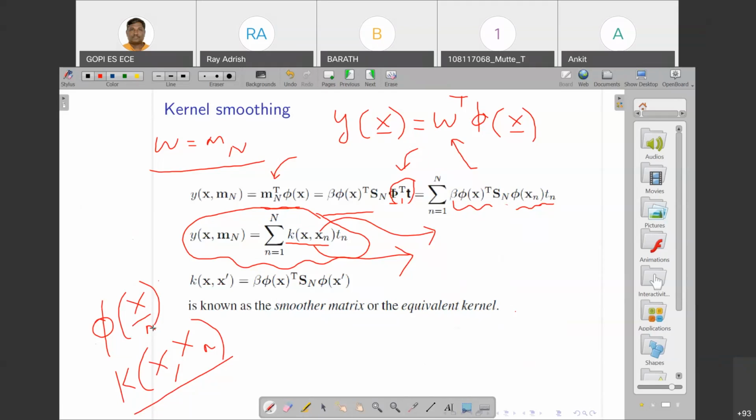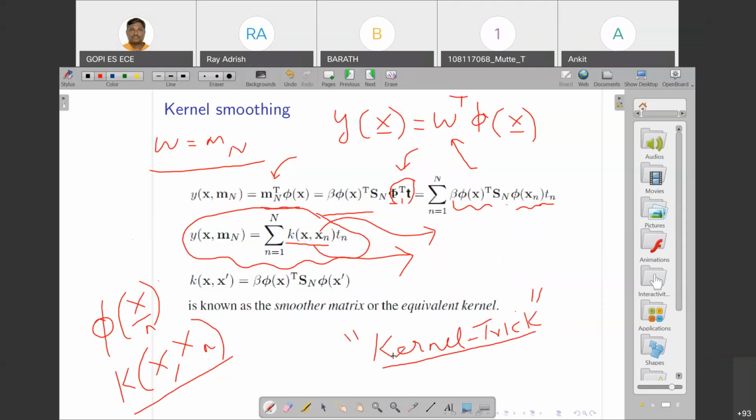This is what we call the kernel trick, and in many places we are going to use it in this course. In support vector machines, we are going to use this kernel trick, right? And even in dimensionality reduction techniques, we are going to use this kernel trick. This is in pattern recognition and machine learning, right? So this is what is popularly called the kernel trick.